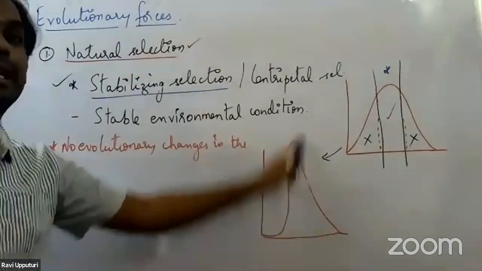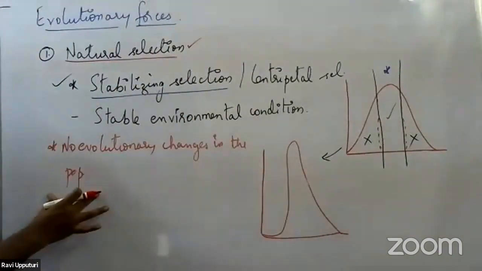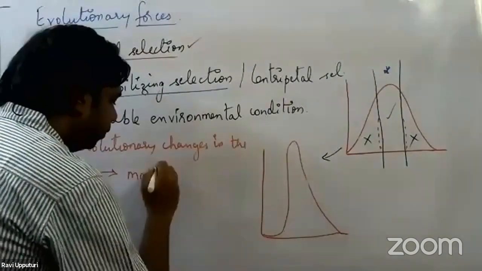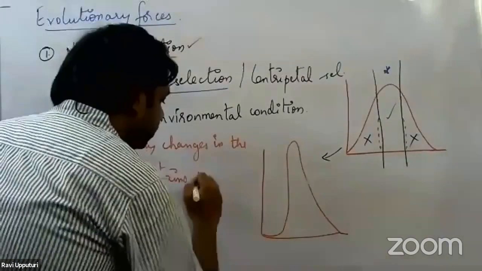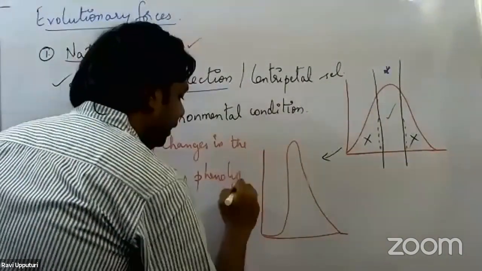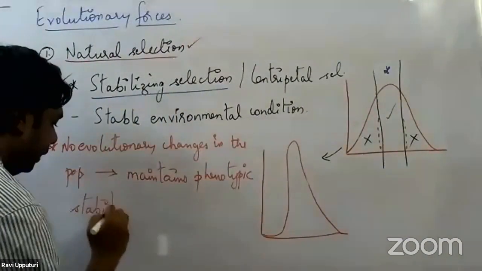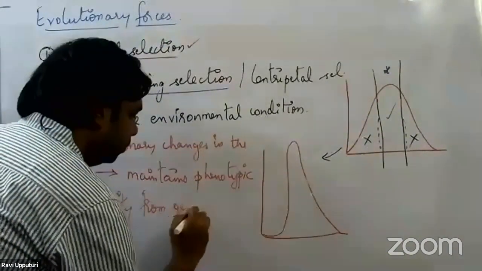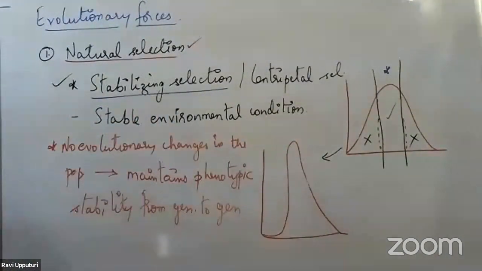Because only the stable individuals, the fit individuals, alone are being selected. But it maintains phenotypic stability from generation to generation. This is the characteristic feature of this particular type of selection, which we call stabilizing selection.